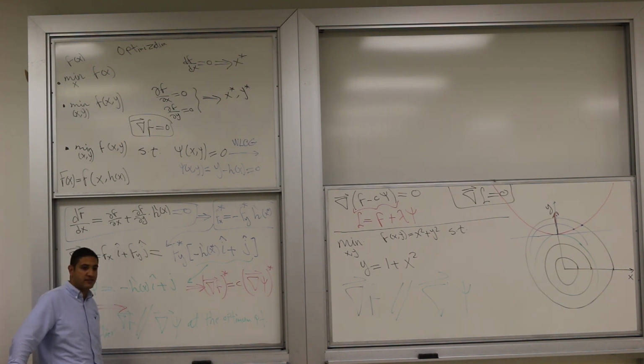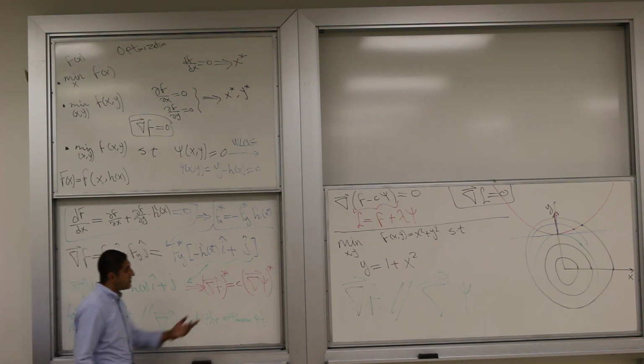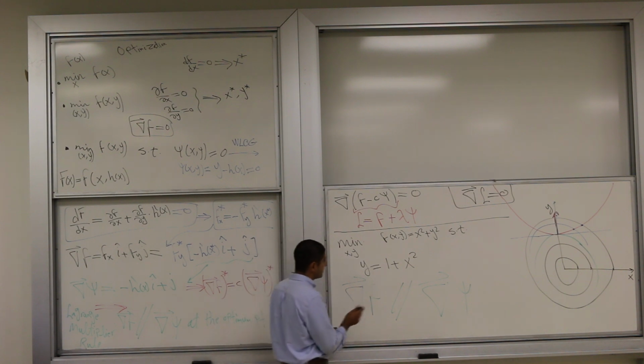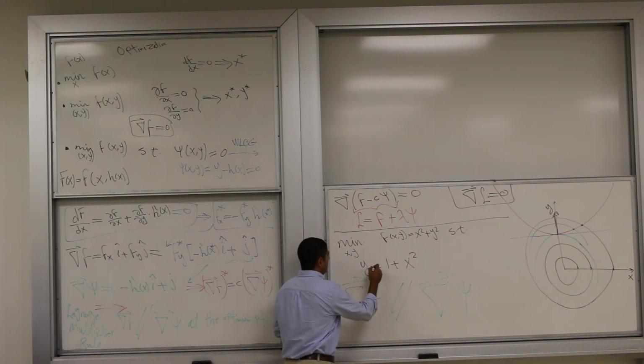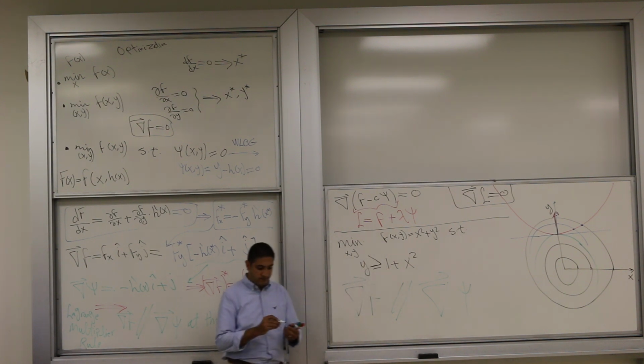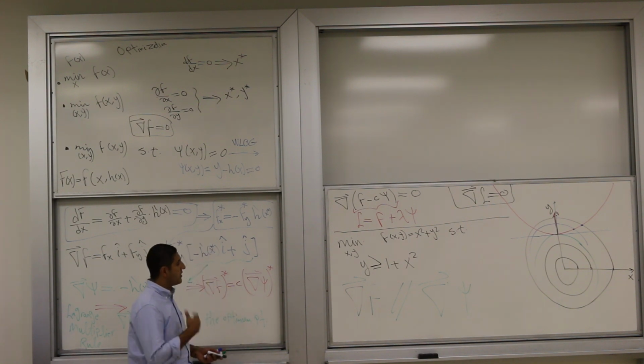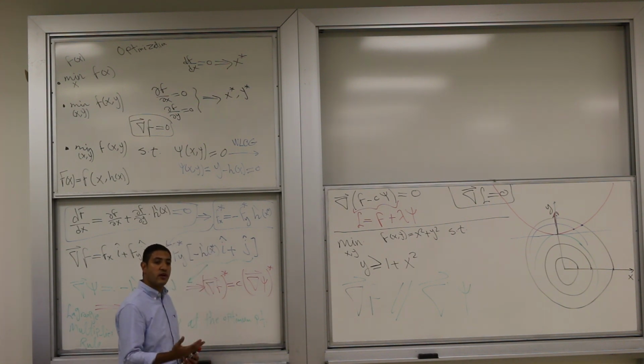There's nothing behind it. We simply try it both ways. So actually this constraint was like this: greater than or equal.